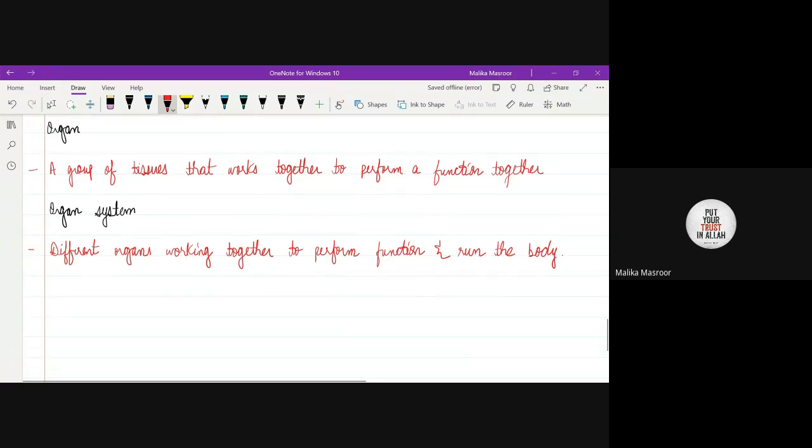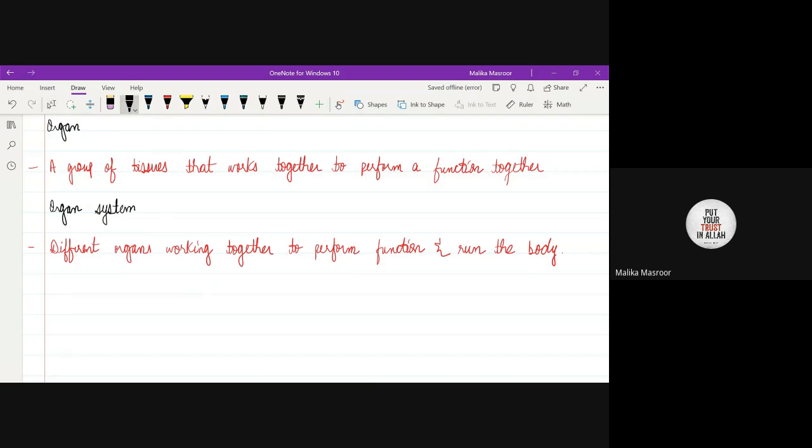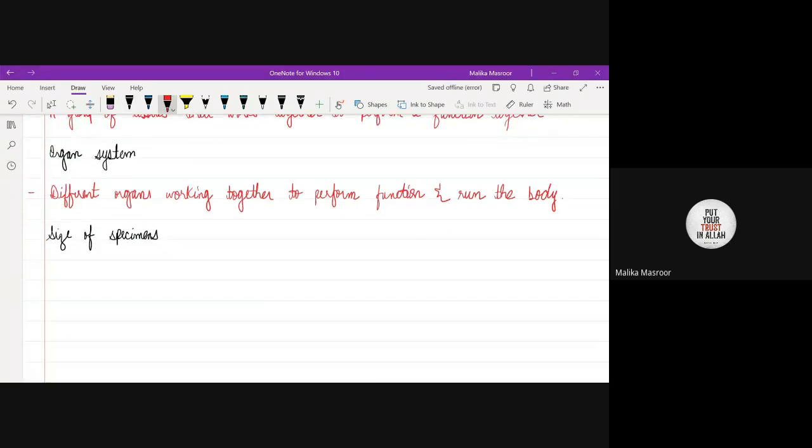Alright. Let's talk about the size of specimens. Sometimes the specimens are so small that you obviously need microscopes to look at them. You cannot use your bare eyes. Whenever you are looking at the specimen in the microscope, you need to be able to tell how much you are magnifying it. The formula for magnification is image size over actual size.